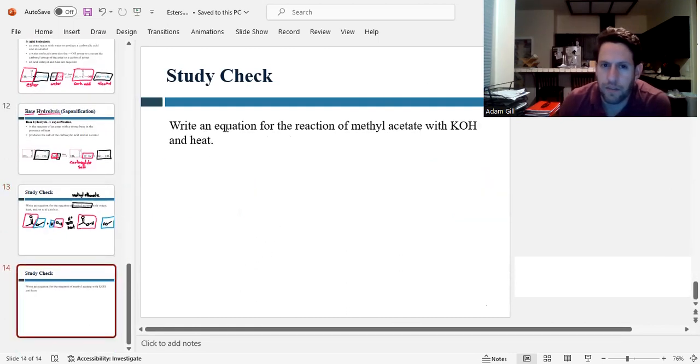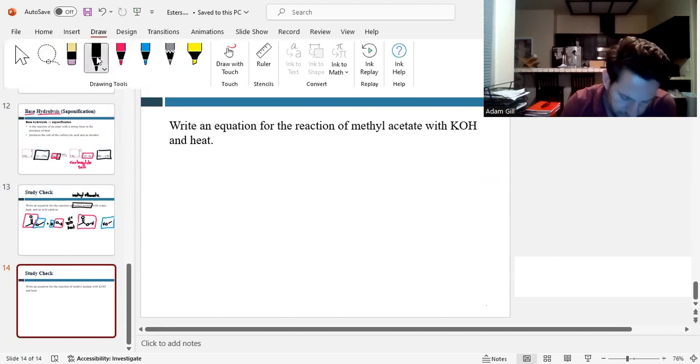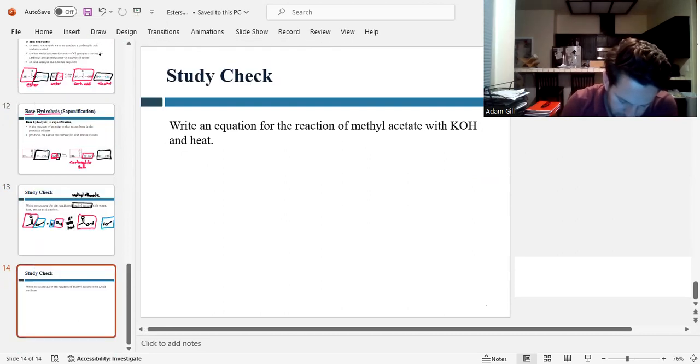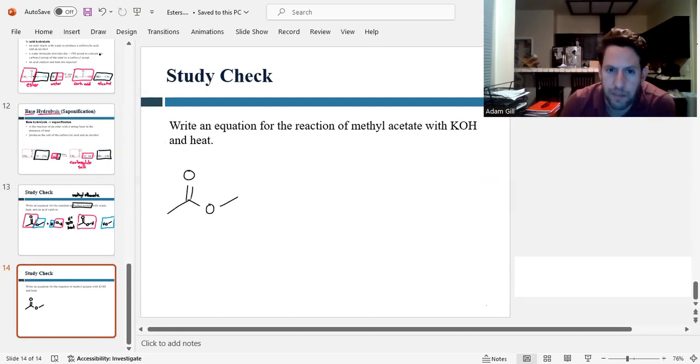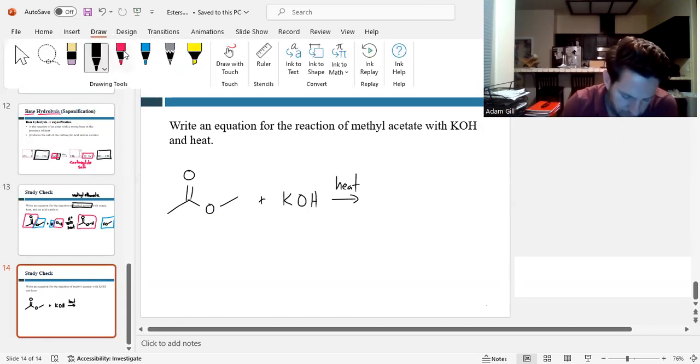Now, let's do the same equation, but using KOH and heat. So base hydrolysis. So same starting molecule, methyl acetate, but this time we're reacting it with KOH and heat.